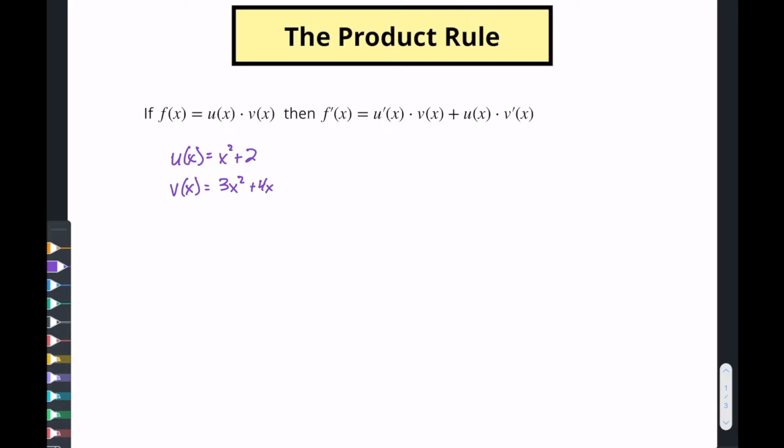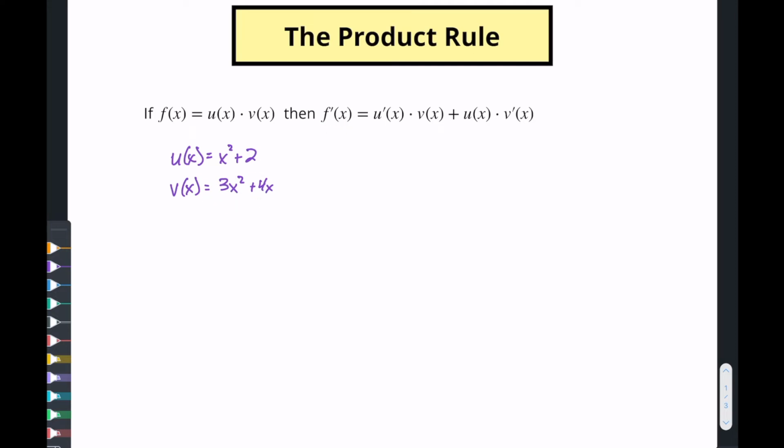So what's happening is we're taking u of x and multiplying it by v of x. Of course, we could always expand these two things out and do the sum and difference rule with our derivatives, but we're going to see if there's a shortcut way to find the derivative of this piece times this piece.